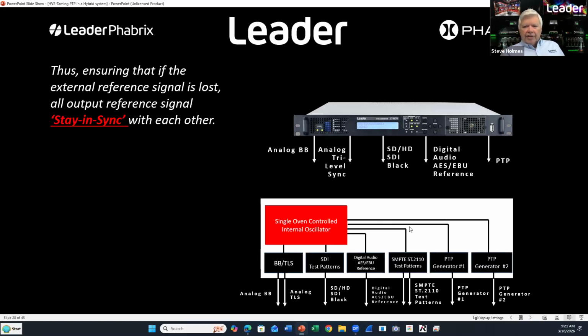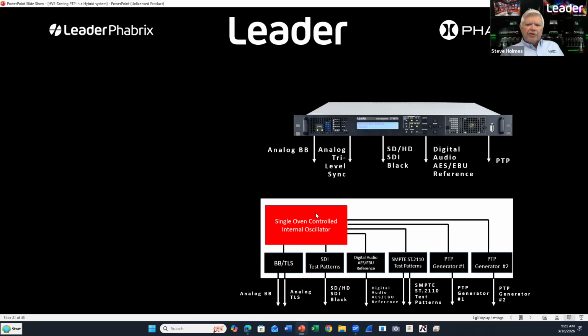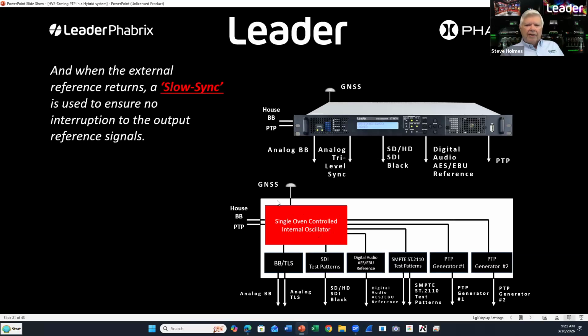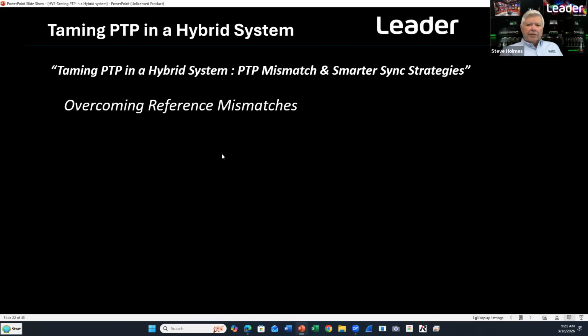But when GPS comes back, our slow sync will take the system back very slowly and put it right back on what the GPS phase is, and bring that phase back in very slowly. And it locks everything together. And there's not a device down below this SPG that will ever see that the phase actually ever even moved, or that you went off of your GPS lock.